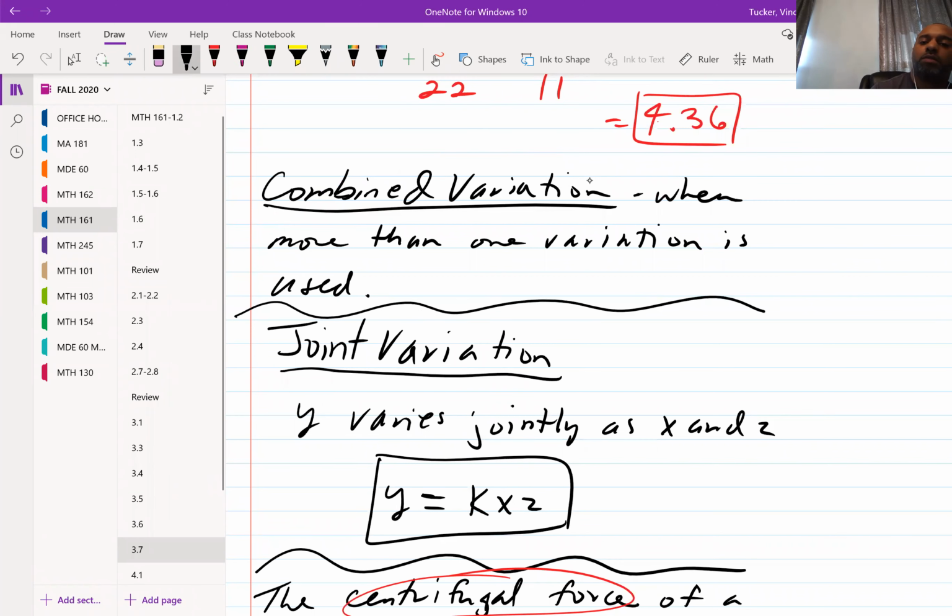So we have the centrifugal force of a body moving in a circle varies jointly. Centrifugal force is our first variable, so I use C for centrifugal force. It varies jointly with the radius of the circle and the body's mass.